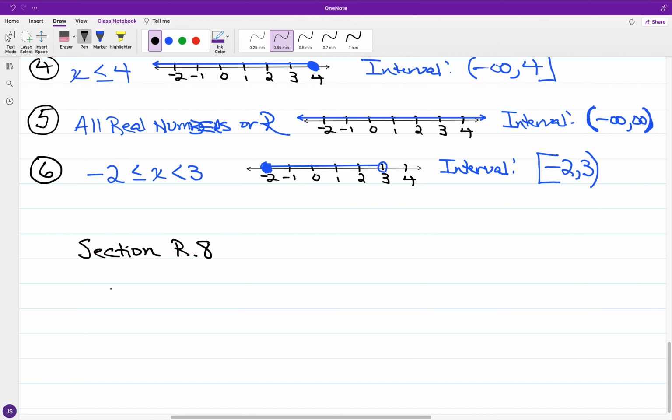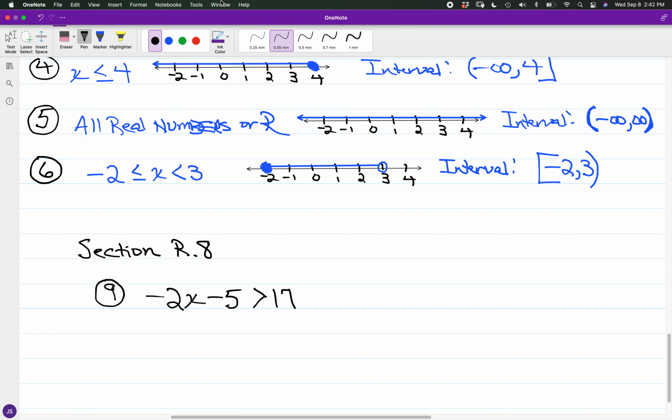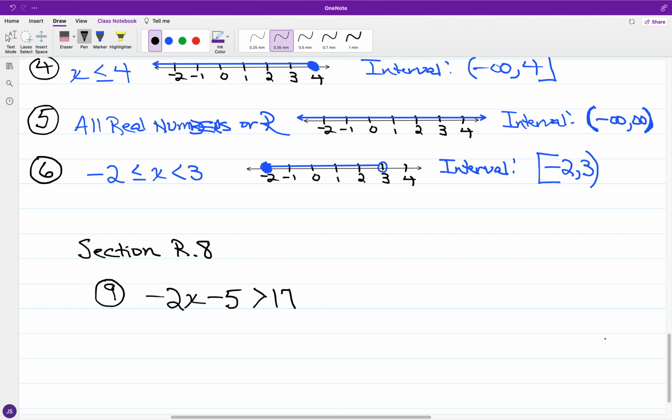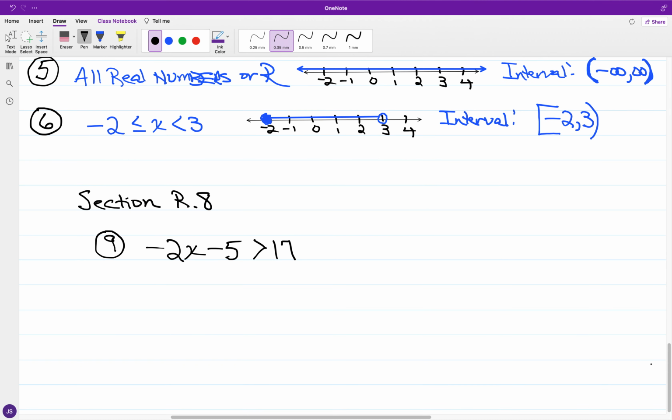And from section R8, like we have in number 9, we have an inequality statement where we have negative 2x minus 5 is greater than 17.